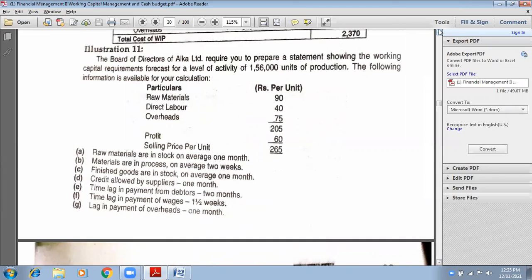Write down illustration number 11. In the uppermost line, write Alka Limited. Next line, Statement of working capital requirement.